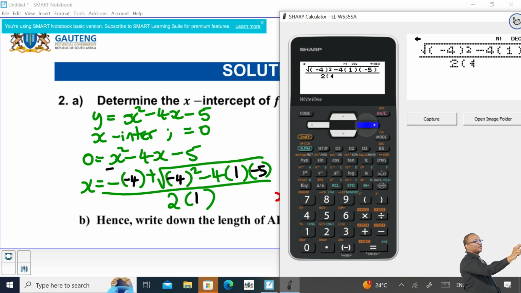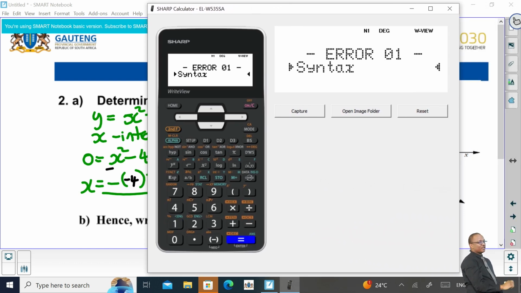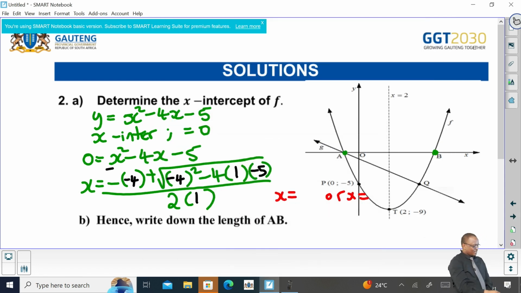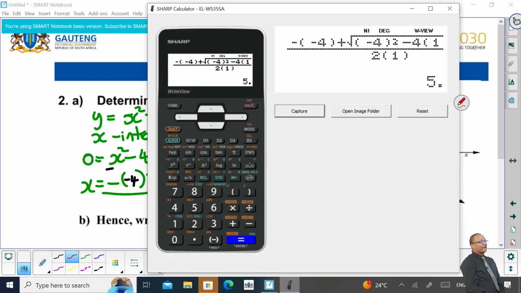So you can see how I have substituted. Then when you press the equal sign, sorry, we use this negative here. Yeah, correct. So when you say equal to, the first x value that we get is 5.